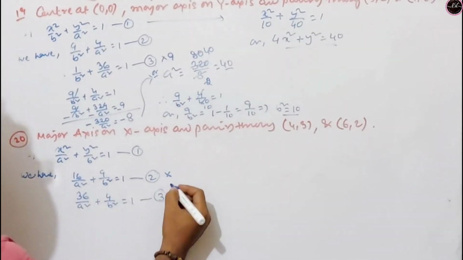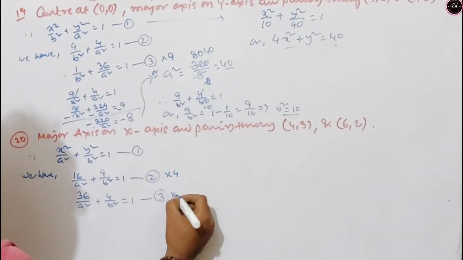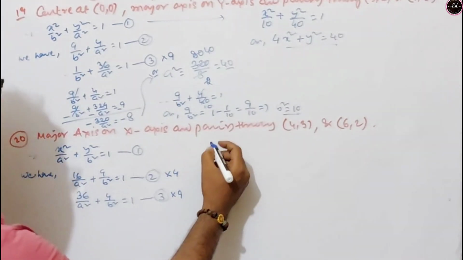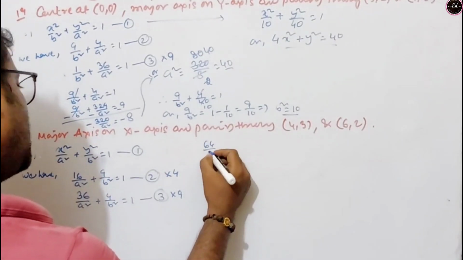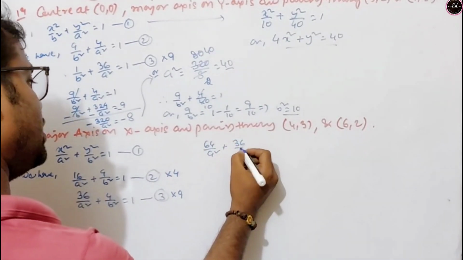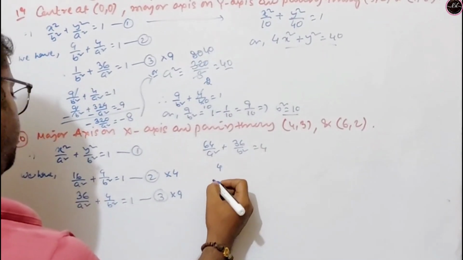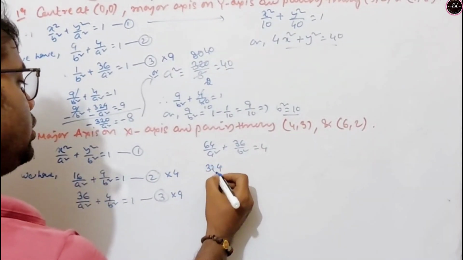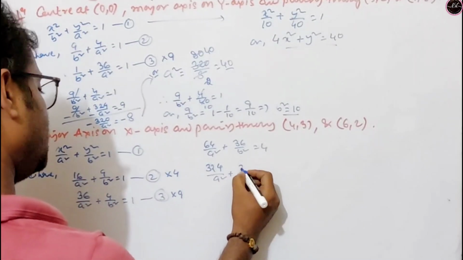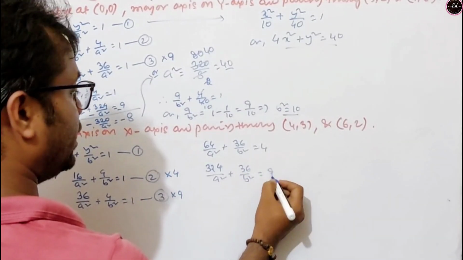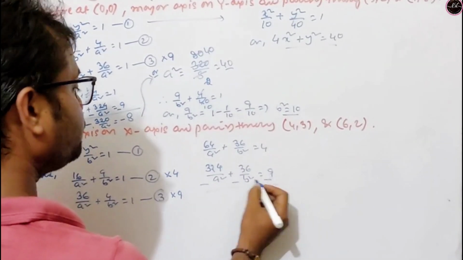Just multiply equation 2 with 4 and equation 3 with 9. We have 64 by a square plus 36 by b square equal to 4, and here we have 324 by a square plus 36 by b square equal to 9. Just subtract this.